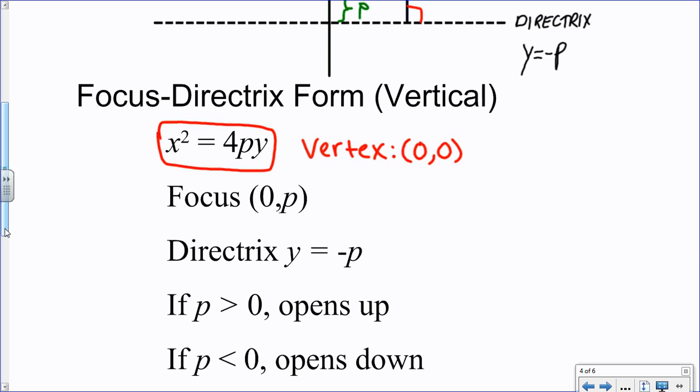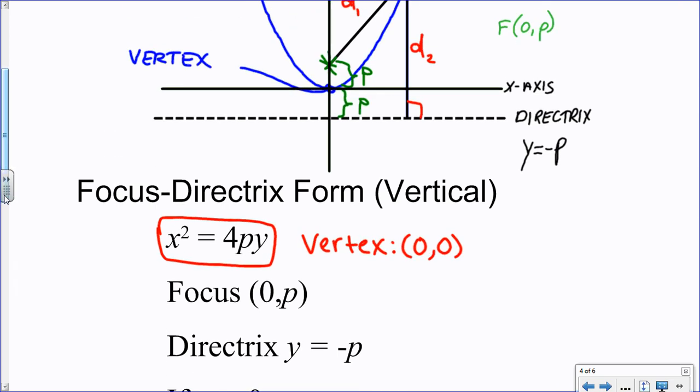Okay, so 4 is part of the equation. So the 4 is there. p is the distance from the vertex to the focus and the directrix. Okay, the focus, so the starred piece here, will be inside the parabola. The directrix will be outside of the parabola and it will not intersect it.